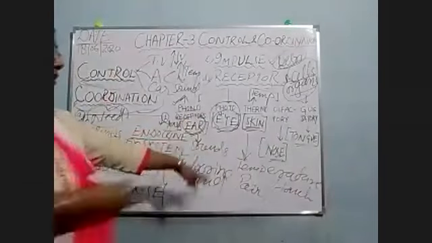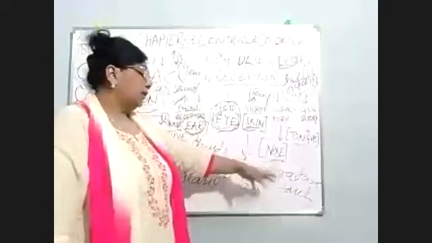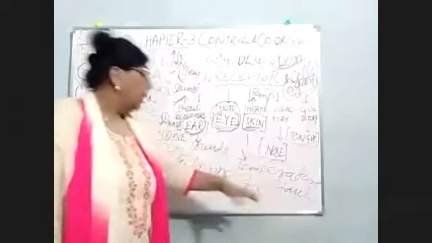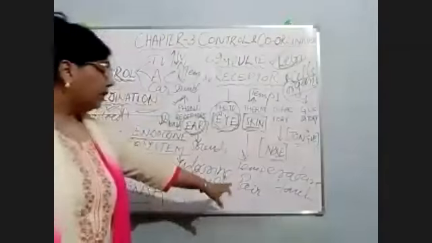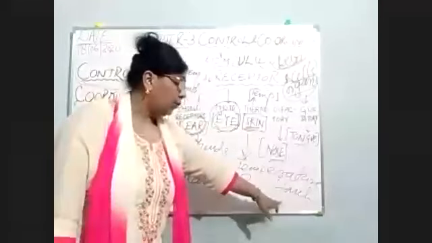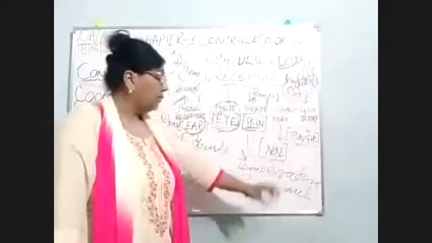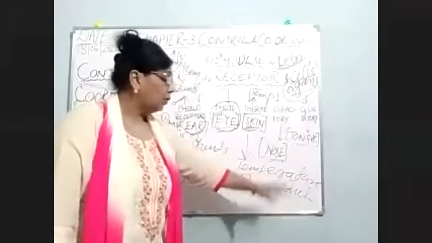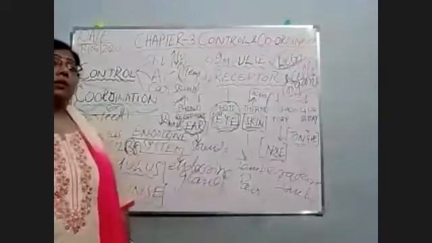Whether an object is cold or hot; if somebody pinches you, you feel pain, which is again received by the skin. If somebody touches you very harshly or very politely, a good touch or bad touch, all are received by the thermoreceptors present in your skin.